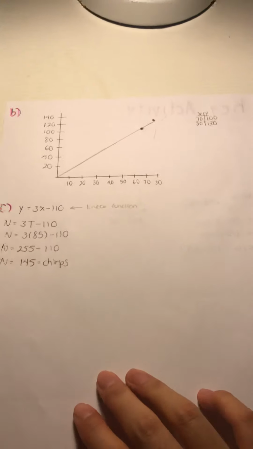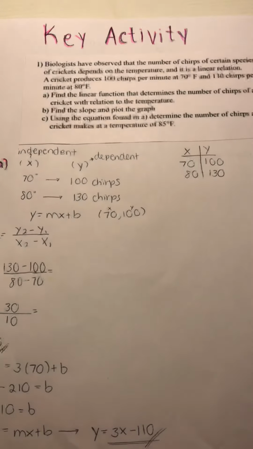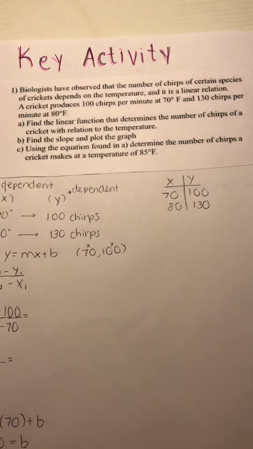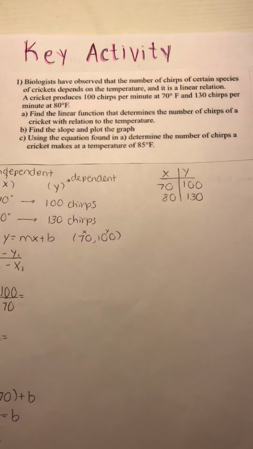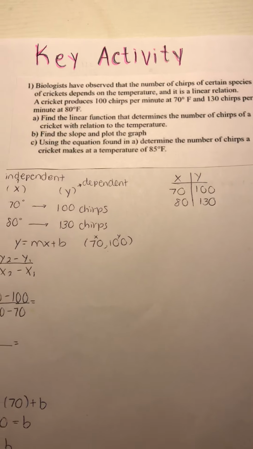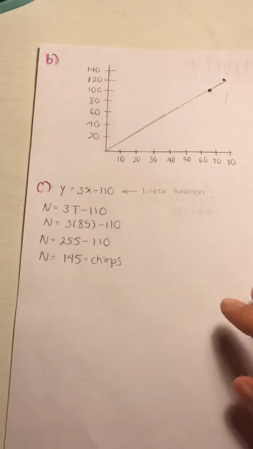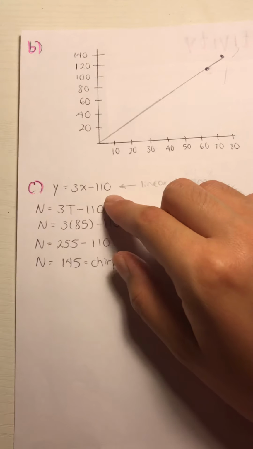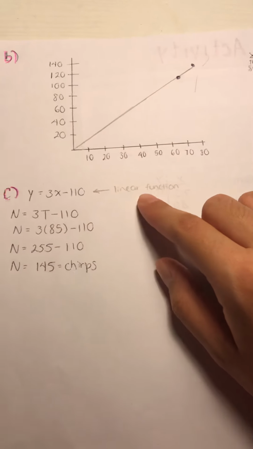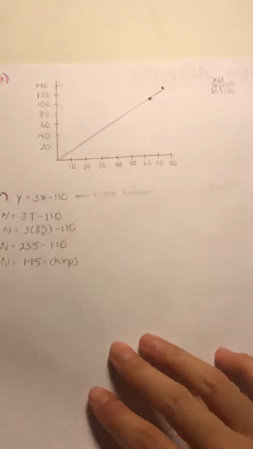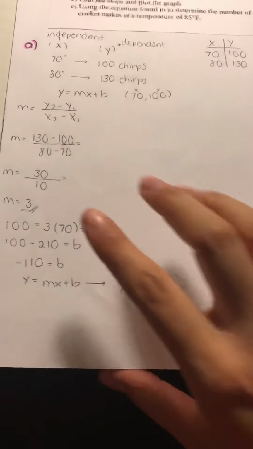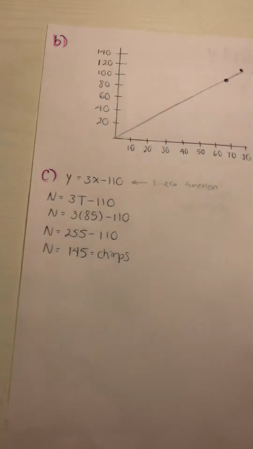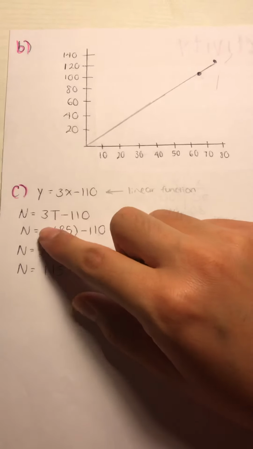So the last problem says, using the equation found in A, determine the number of chirps a cricket makes at a temperature of 85 Fahrenheit. And we have this: y is equal to 3x minus 110, which is the linear function, the one that we got in here. And we solve it, because we have to know the number of chirps.